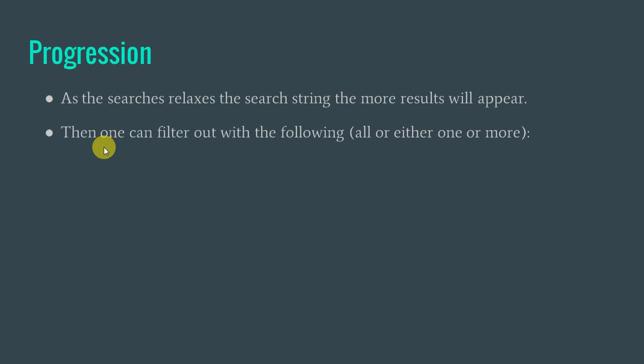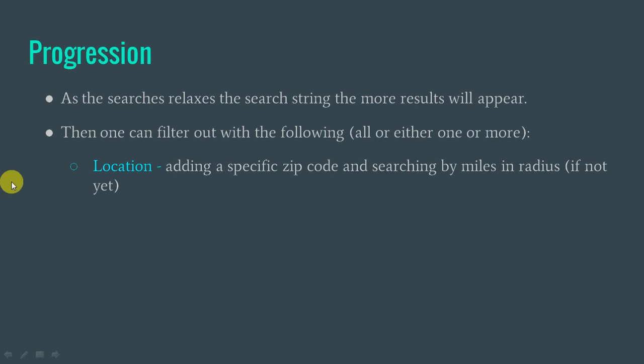When we choose a relaxed search string, like the 447 results, we can filter them using location, if we haven't specified a zip code yet and are just using the metro area. The location can be narrowed by adding a specific zip code and searching by miles and radius.